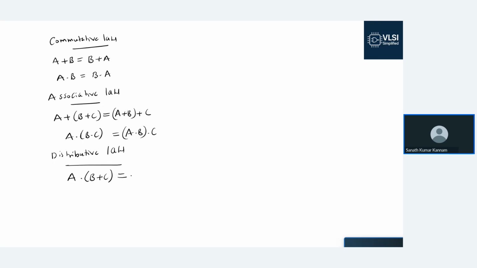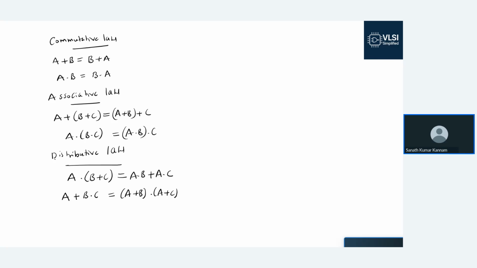Equal to A and B or A and C. Okay. So dual of this one means AND will change to OR, OR will change to AND. So you can write A or (B and C) equal to what? (A or B) and (A or C). Okay.